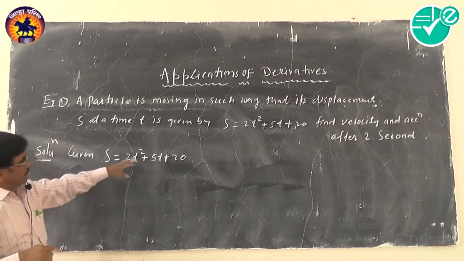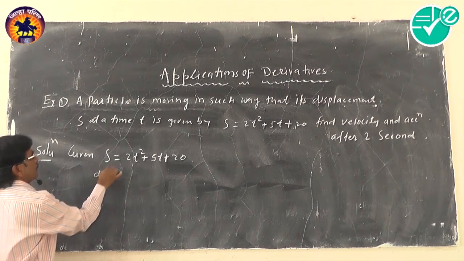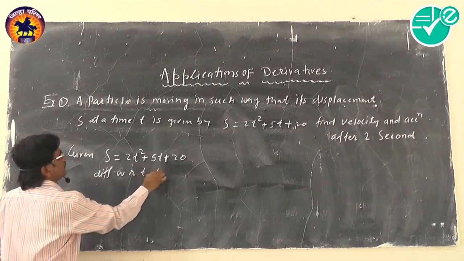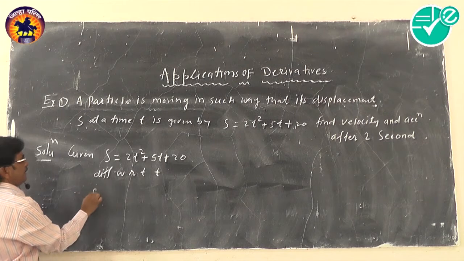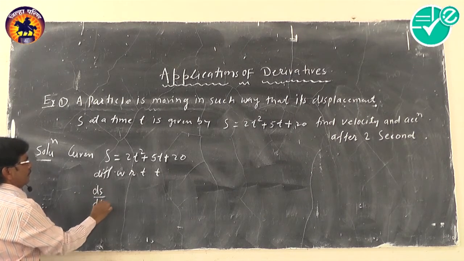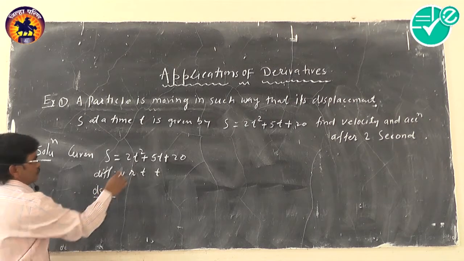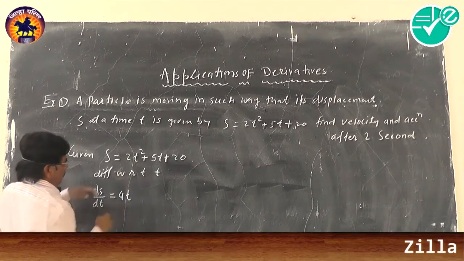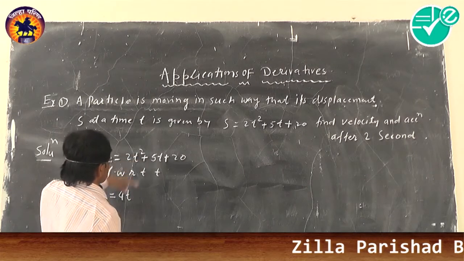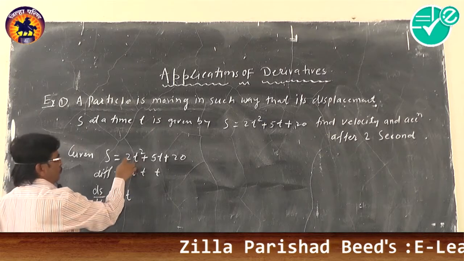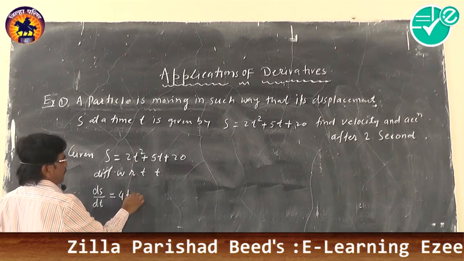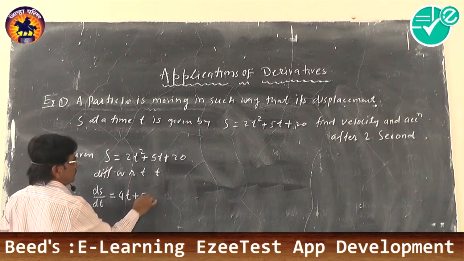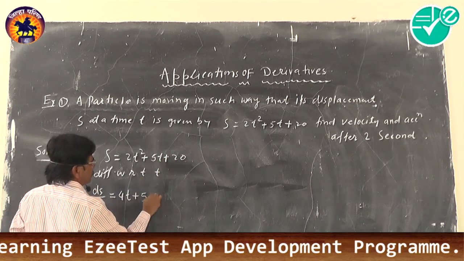Now s is a function of t, differentiating with respect to t. Therefore, we can write ds by dt is equal to 4t, take 2 at front and reduce the power by 1, 2 into 2 is 4t, plus the derivative of t is 1, 5 constant as it is, and the derivative of a constant is 0.